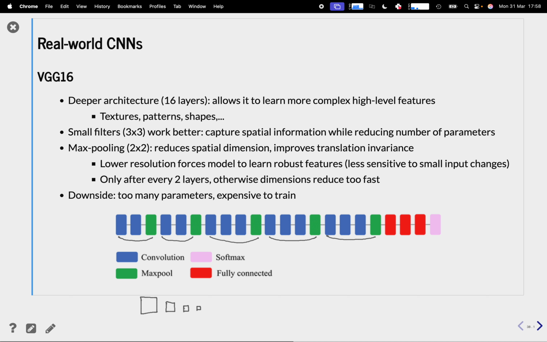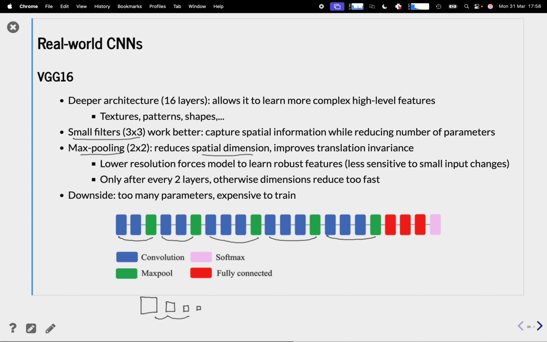Another thing it does, it uses only small filters, only 3x3 filters, and that again reduces the number of weights that you can learn. And at that time, this was sort of how deep you could potentially learn neural architectures, given the computational resources available at the time. You reduce the number of spatial dimensions by making clever use of max pooling.